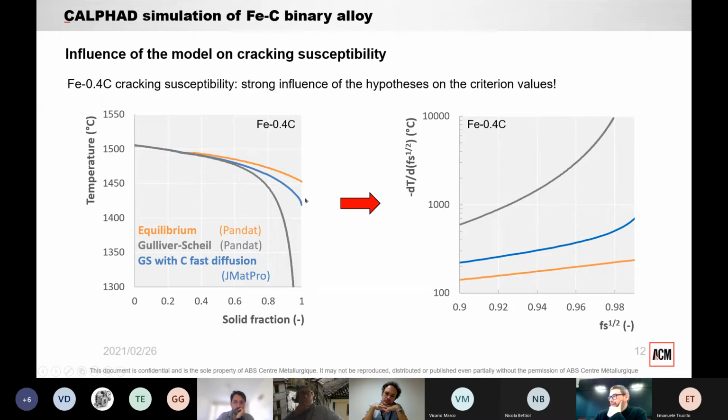Here you have the Scheil with fast diffusion of carbon, and the upper curve is the Gulliver-Scheil. So you see that the orders of magnitude are really different if you are using these different approaches. So there is a strong influence of the hypothesis that you make on the criterion value.